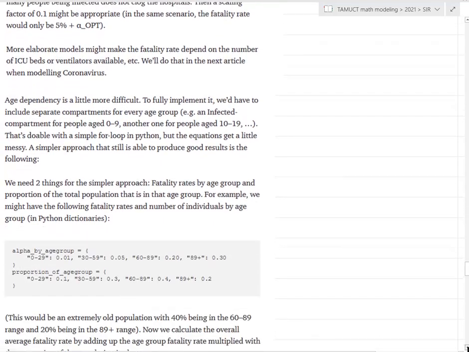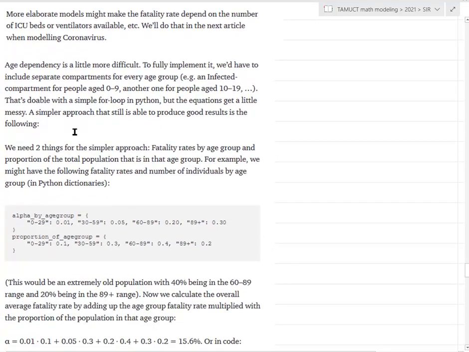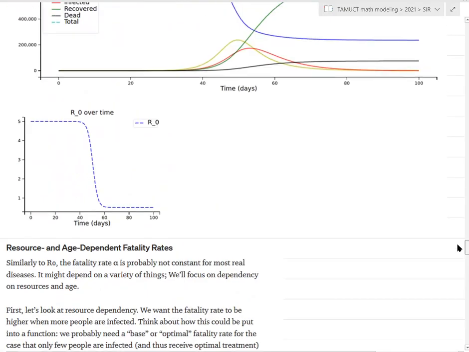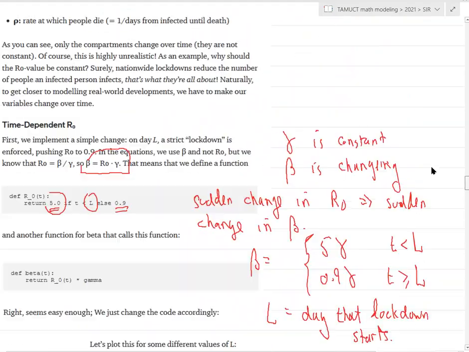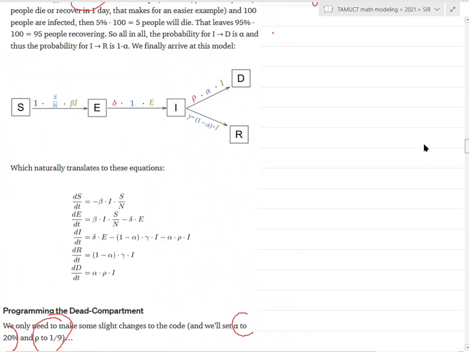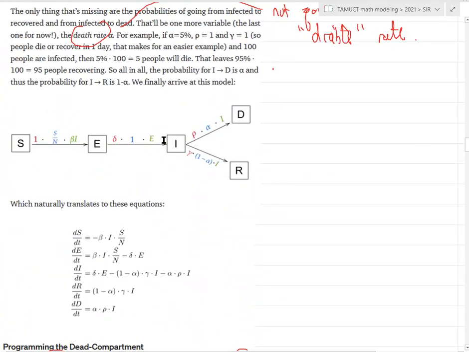All right, then he talks about age dependency. Of course, older people are more at risk for COVID than others. So to do this exactly, you would not have just one diagram here, but two. You'd have one diagram for the younger and one diagram for the older.